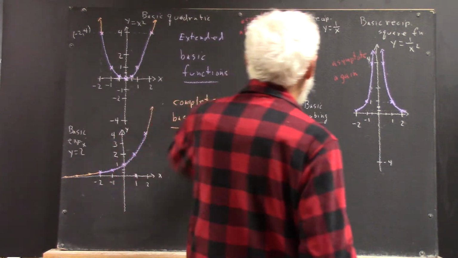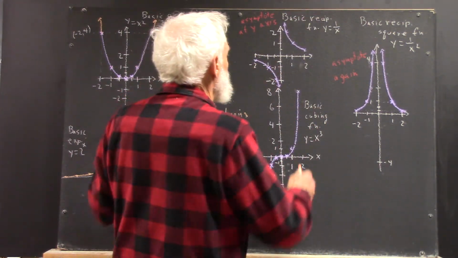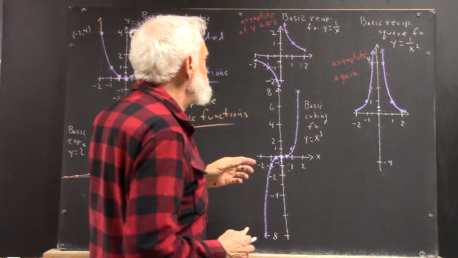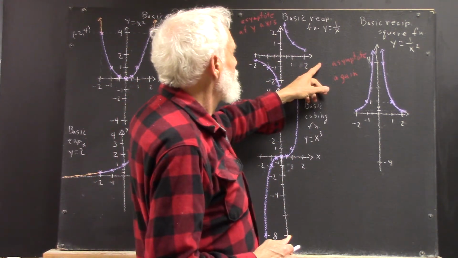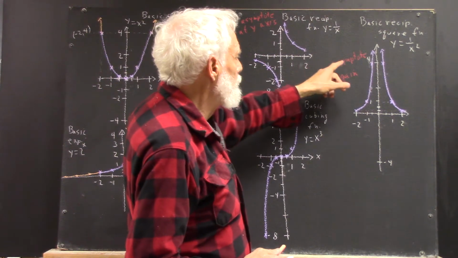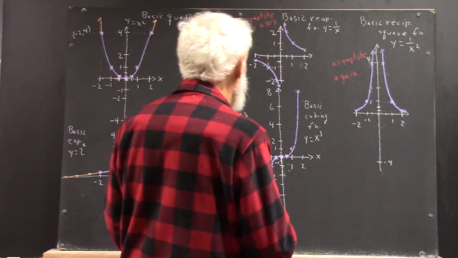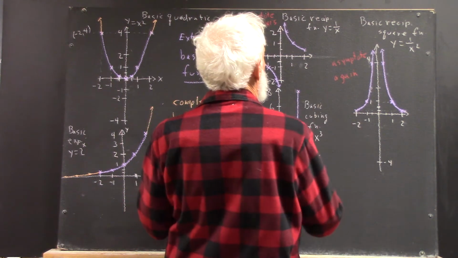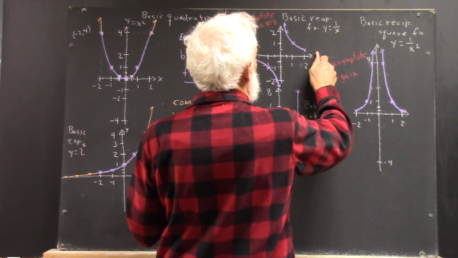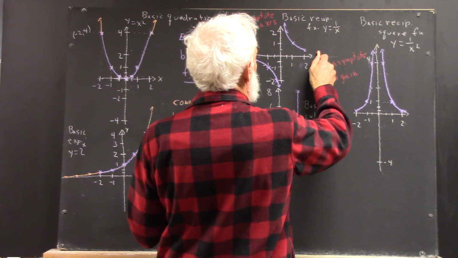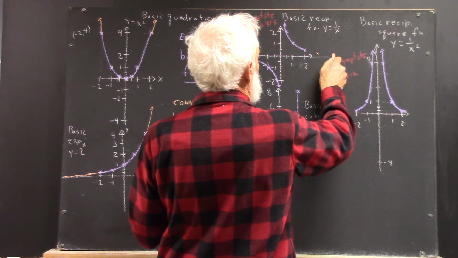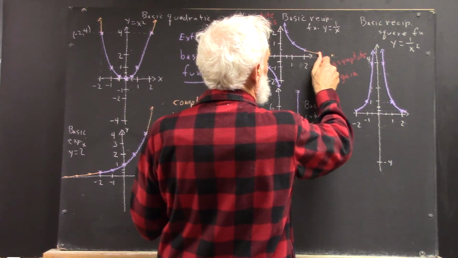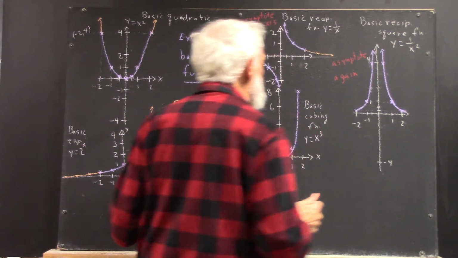The extended reciprocal function, well, we have to extend out past 2. If we go to 3, the value of the function is going to be 1/3, then it's going to be 1/4, then it's going to be 1/5, and so forth. So if we extend it out here, by the time we're at 3, we're at 1/3, then we're at 1/4, then we'll be at 1/5, and we see that this function is going to approach the x-axis.